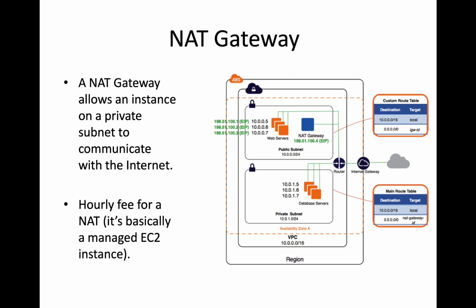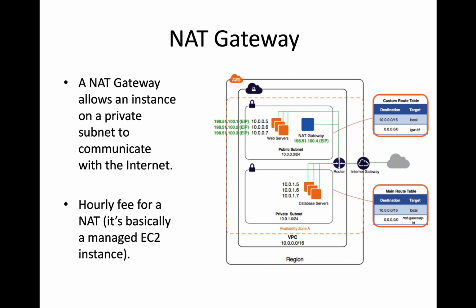But remember, because it has a private IP address, it can't do that on its own. It can do that, though, by proxying the request through a NAT gateway. A NAT gateway then serves like a router for the private server.